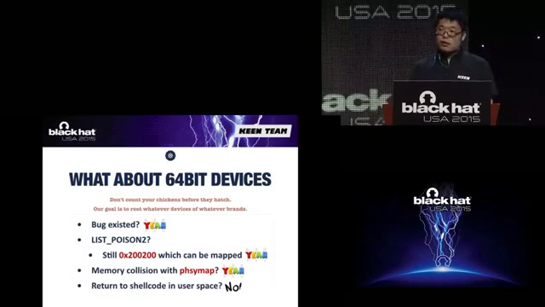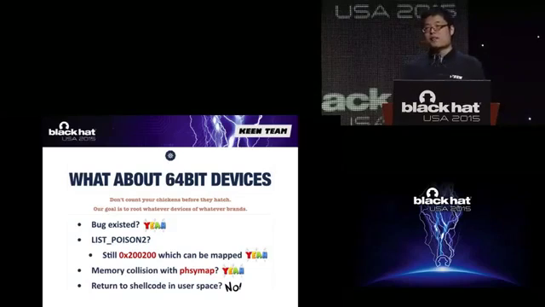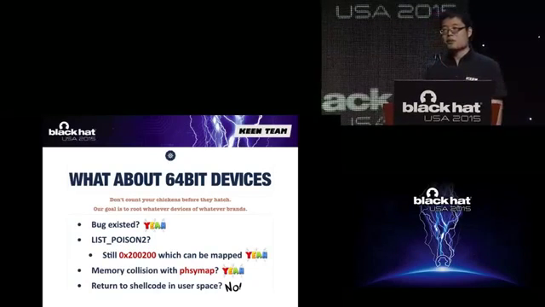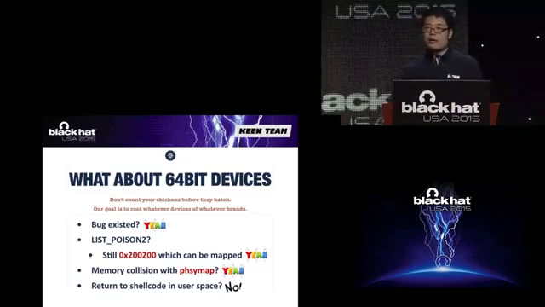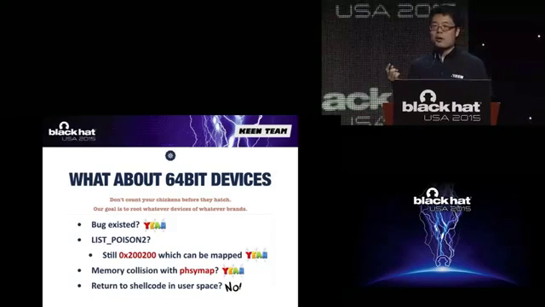So does the list poison 2 also have the value of 200? This is a serious problem, because when our team wanted to exploit the 64-bit devices, I proposed a guess that maybe the list poison pointing to cannot be mapped on 64-bit Android devices.